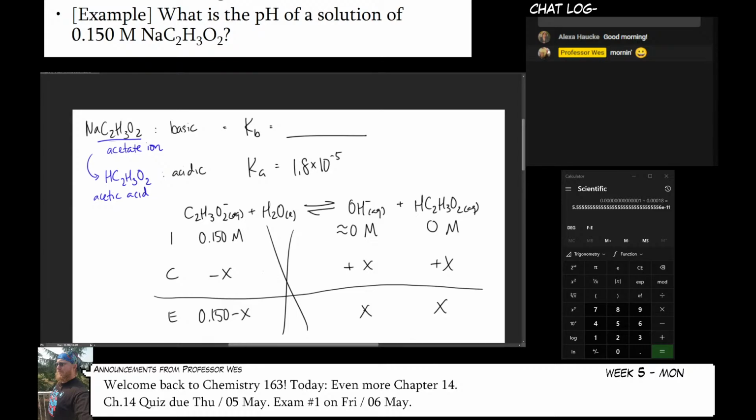Let's see here. 1.8 times 10 to the minus 5. Okay, great. Okay, well, if I use my Kw, so Kw being, let's actually write this down.